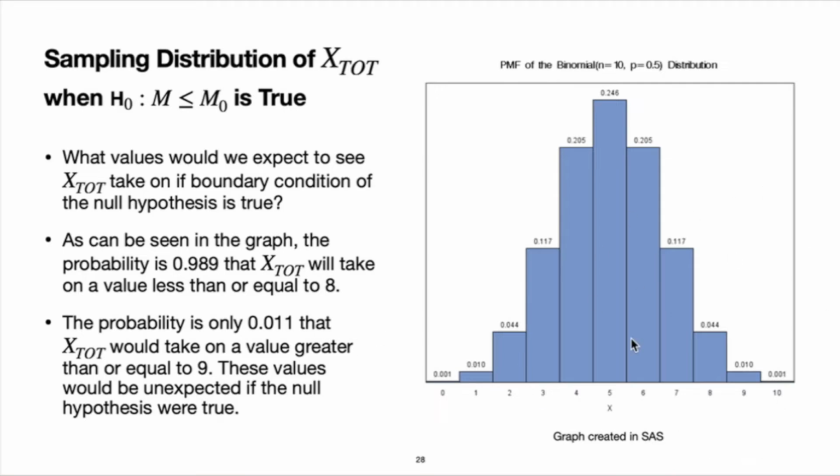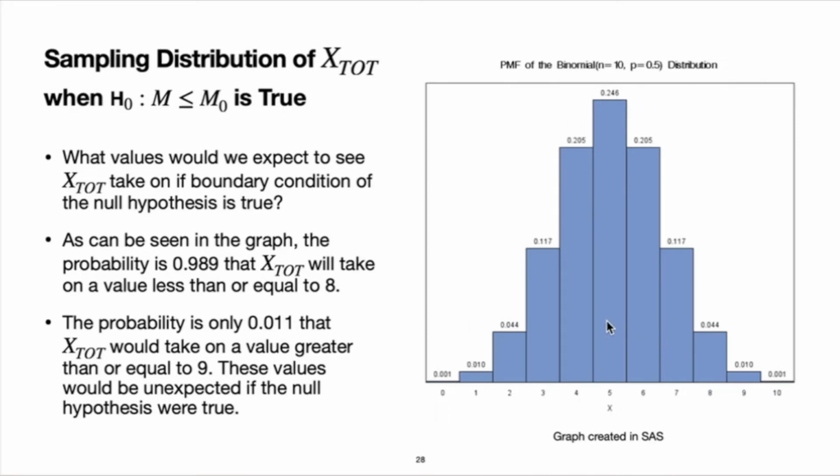And this is really what we should be focusing on up here anyway, because this is a right-tailed test. As we can see in the graph, the probability is 0.989 that x tot will take on a value less than or equal to 8 if the boundary condition of the null hypothesis is true, right? Because the probability of the values in the sample space less than or equal to 8 would be the sum of these areas, and note that the areas are given above the rectangles.